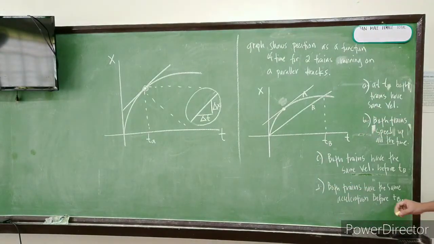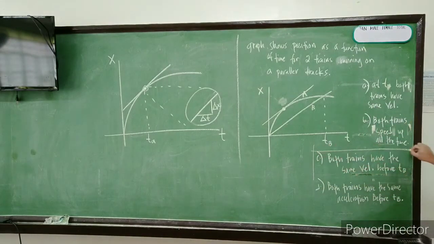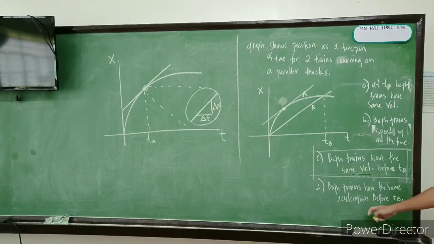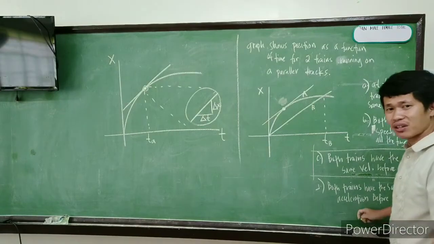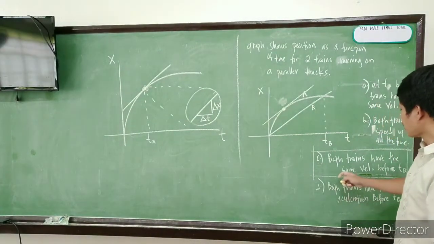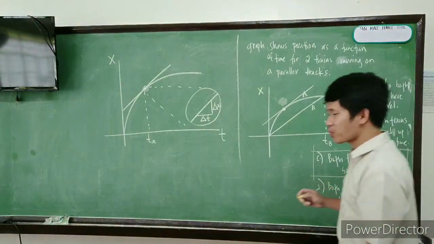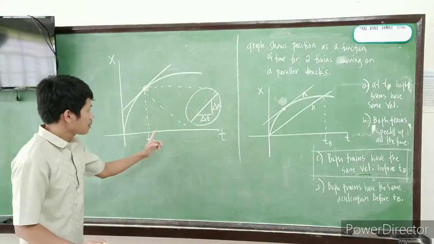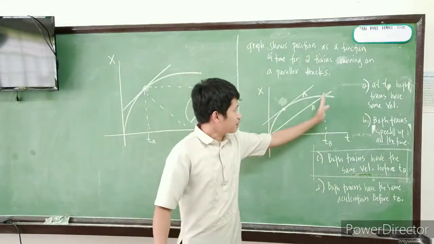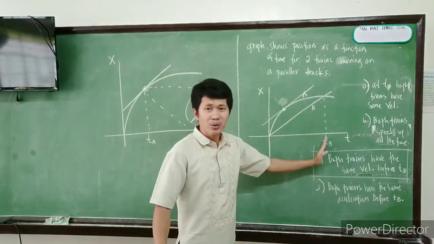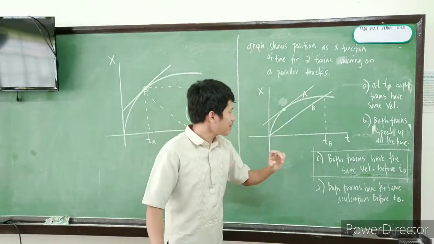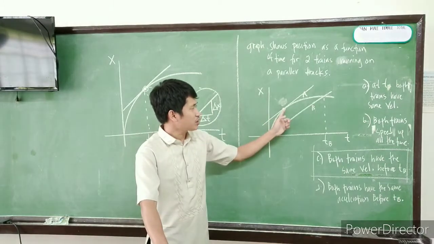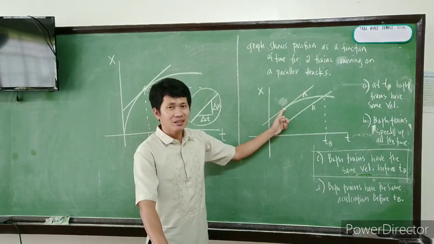So the correct answer is letter C. Itong letter D wala, hindi pa naman na-discuss yung acceleration. Okay? So both trains have the same velocity before t sub b, before this point. Okay, so paano ko nalaman na letter C yung sagot? Kasi naman, yung instantaneous velocity nito ay the same as the tangent line.